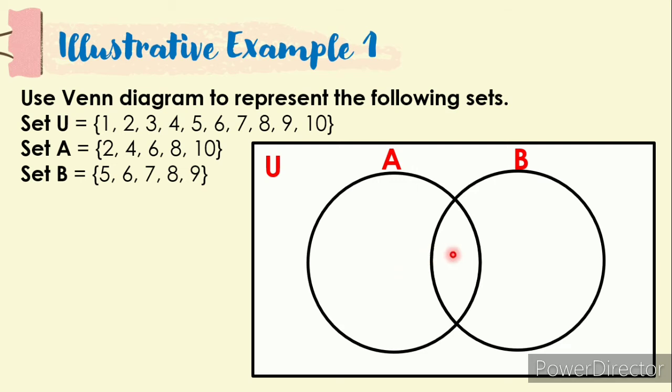So first, we need to find the common element of these two sets. So we have 6 and 8. We will put that 6 and 8 between the set A and set B. So the intersection of set A and B is 6 and 8.